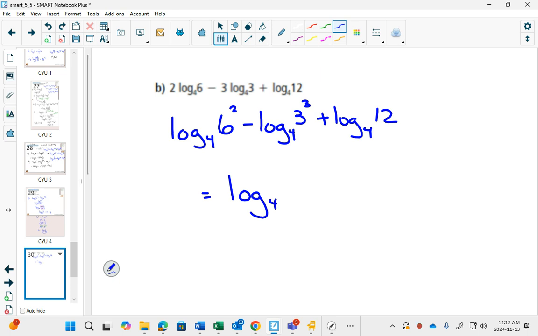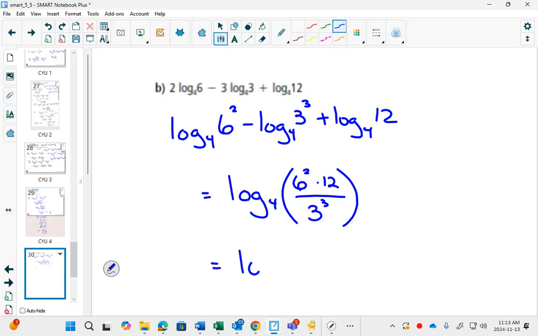All the bases of those logs are the same, so we can use our log laws. And we would do this all at once. Whatever is added, so the 6 squared and the 12 will be in your numerator. Whatever is subtracted, which is the 3 cubed, would be in the denominator.